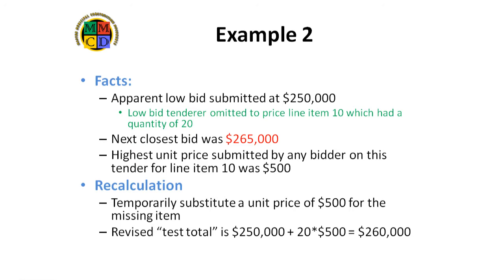And the highest unit price submitted by any bidder on this tender for line item 10 was $500 per each. Again, we do the recalculation to get the test total. We temporarily substitute a unit price of $500 for the missing item. The test total then becomes $250,000 plus 20 times $500, or $260,000, the same as in example 1.